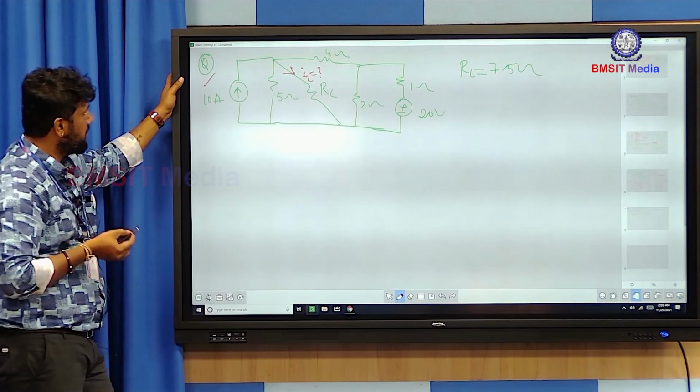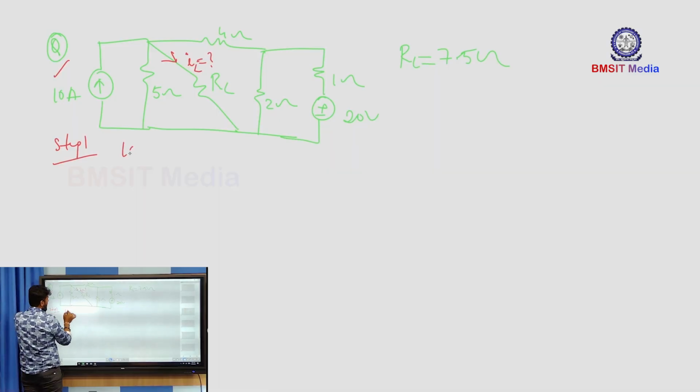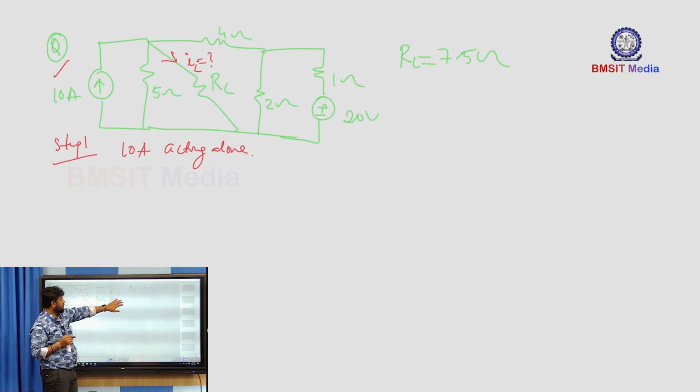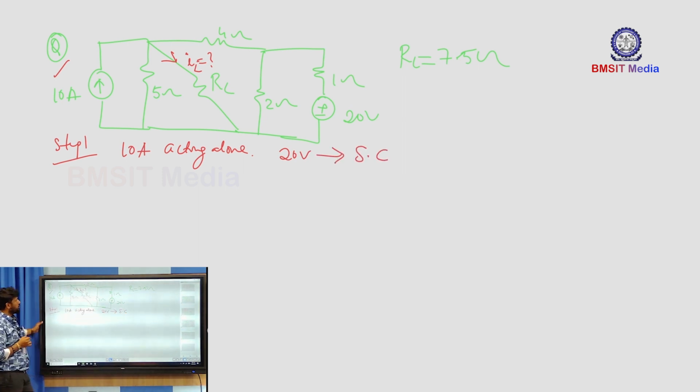So, we start with step number 1. I will consider the 10 ampere current source acting alone. I am ignoring the 20 volt source, which means you make the 20 volt source a short circuit.